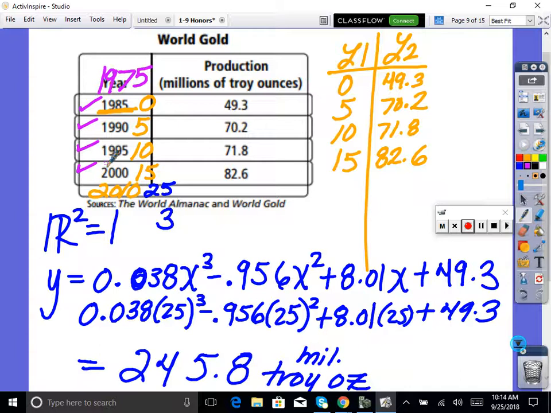So can you go back in time and determine what we probably made? So what would we type in for x here? Negative 10, right? So we type in negative 10, and then we could say, if things are continuing in the same trend, you probably made about this much on the first year. So cool stuff. Does that make sense, everyone? You'd be hired for the big bucks just to do that.